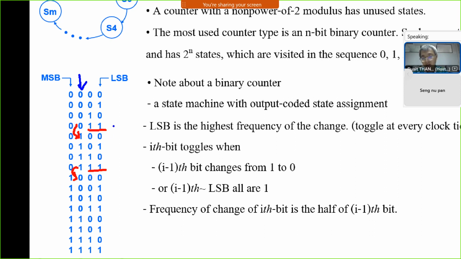Why? Because for the next state the value is increased by 1. When you add 1, a carry out occurs at this digit, and this carry out becomes the carry in for the next digit, so it changes the value from 0 to 1, or if the digit is 1, it changes to 0.